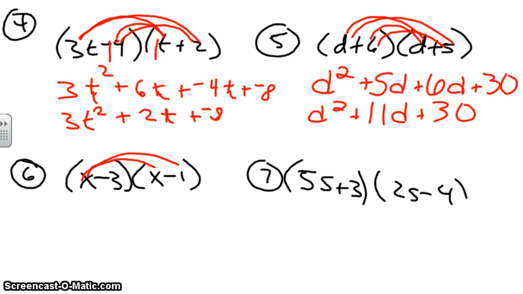Okay, number 6. First. Outside. She has 1x squared.